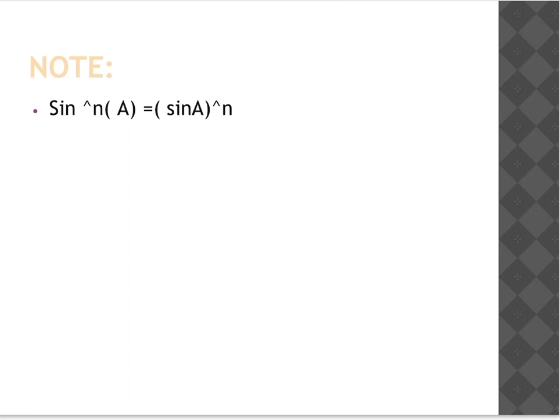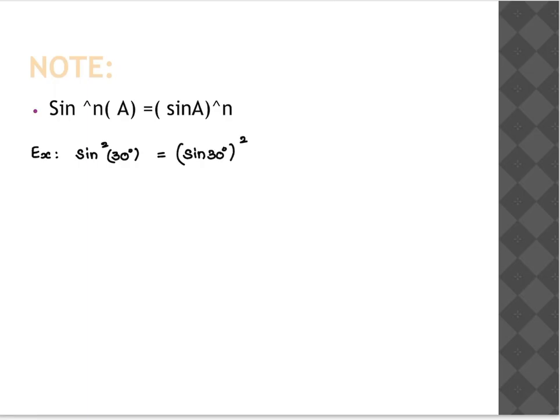So for example, sine square 30 degrees value. What is sine square 30 degrees value? Sine square 30 means we can write it as sine 30 degrees whole square.